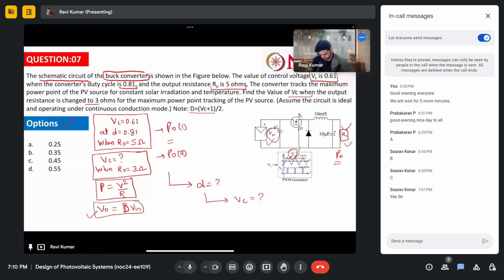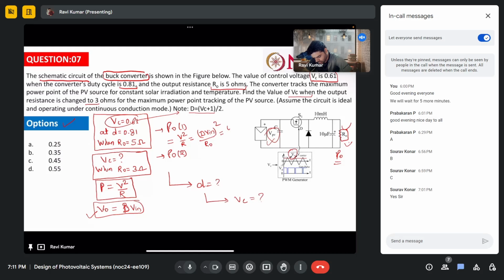Okay. So power is V square by R. Here we can write this. This VC is from here. So what we can do, we can write in terms of V input only, because voltage will be constant on the input side. So it will be D V input square divided by R naught.